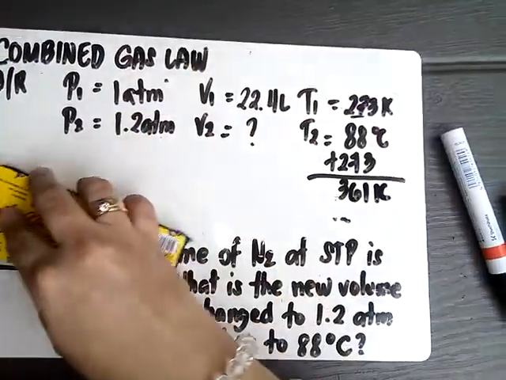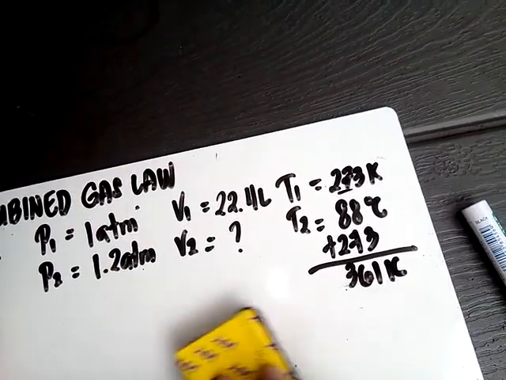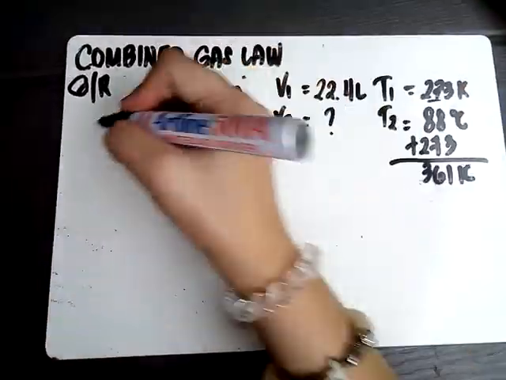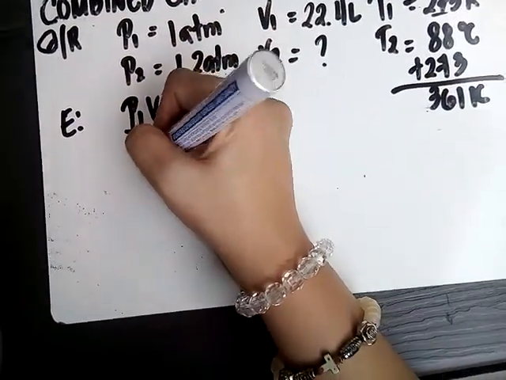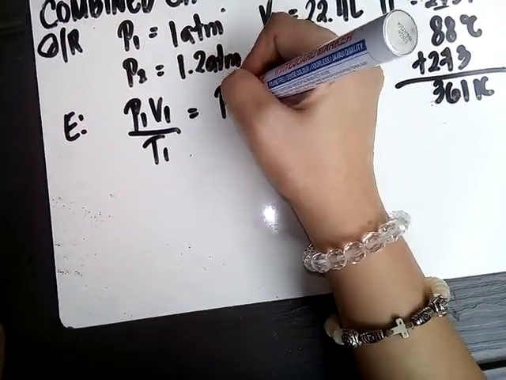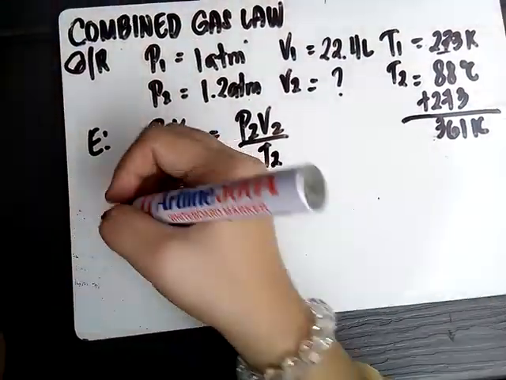Since we know that this is combined gas law, we will use our working equation, which is P1 V1 over T1 equals P2 V2 over T2. So we just substitute.